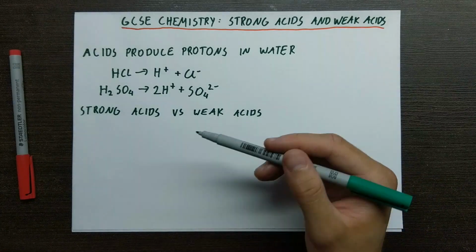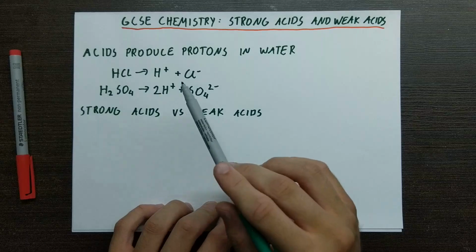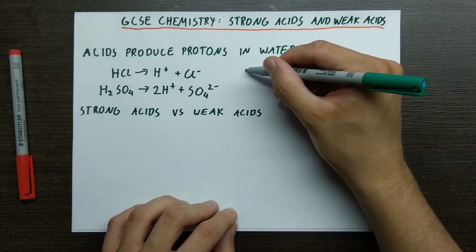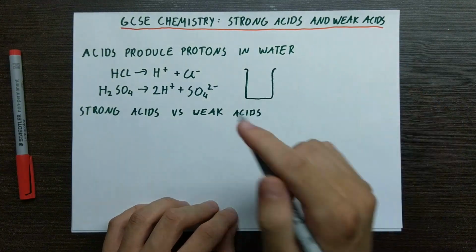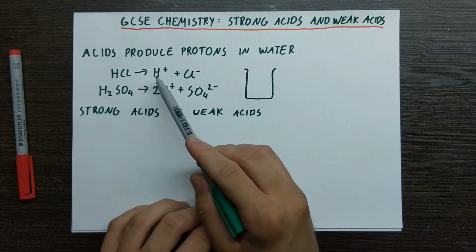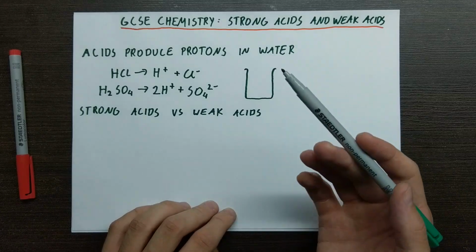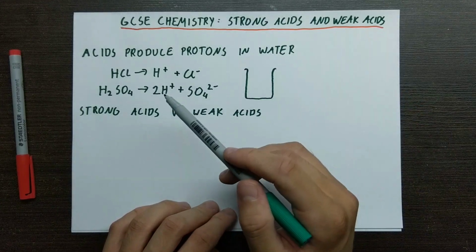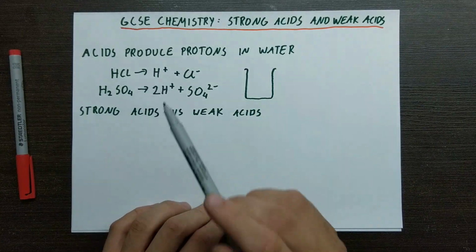First of all, as I already mentioned, acids produce protons in water. As soon as we add an acid into water, here we have hydrochloric acid, it splits into positive hydrogen ions, in other words protons, because a hydrogen ion is a hydrogen atom without the electron, essentially leaving a single proton. So H+ is a proton.